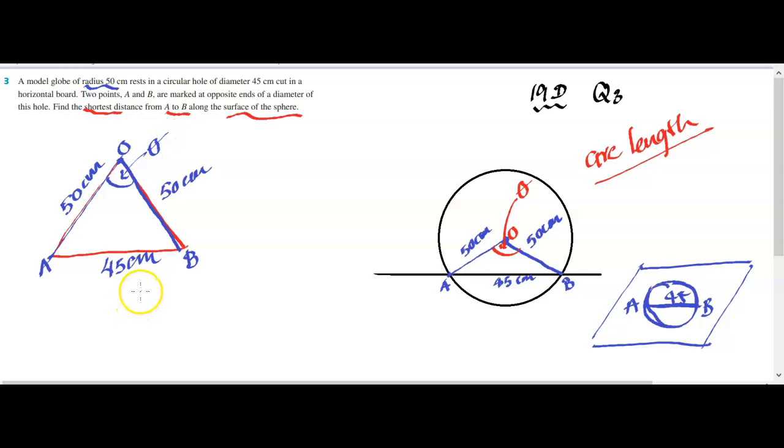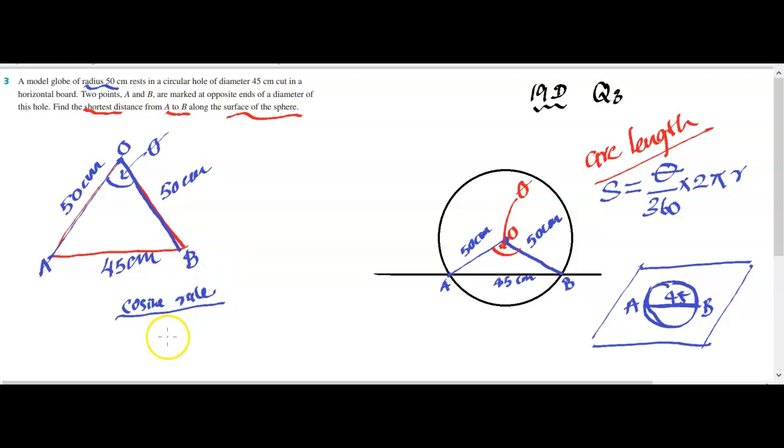How do you use the cosine rule here? Why do you want to find theta? Because we want to use the arc length. For S, arc length is theta over 360 times 2 pi r. To do that, you can use the cosine rule to find the theta value.